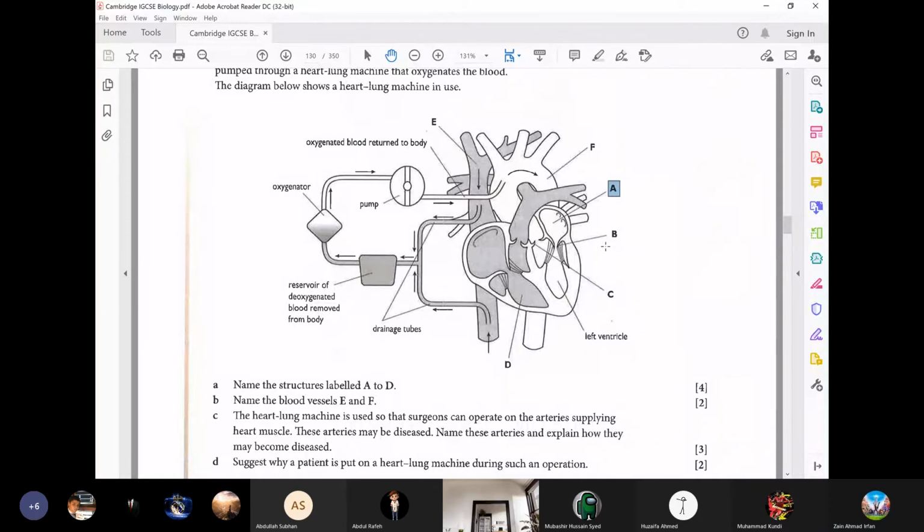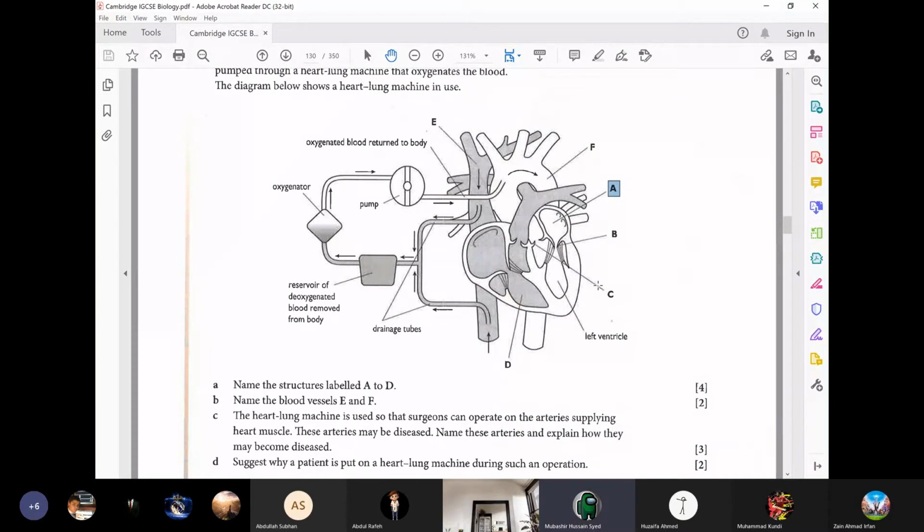Very good. What is C? Semilunar valve. Which semilunar valve? Left. Sir, the aortic valve. Aortic semilunar valve.